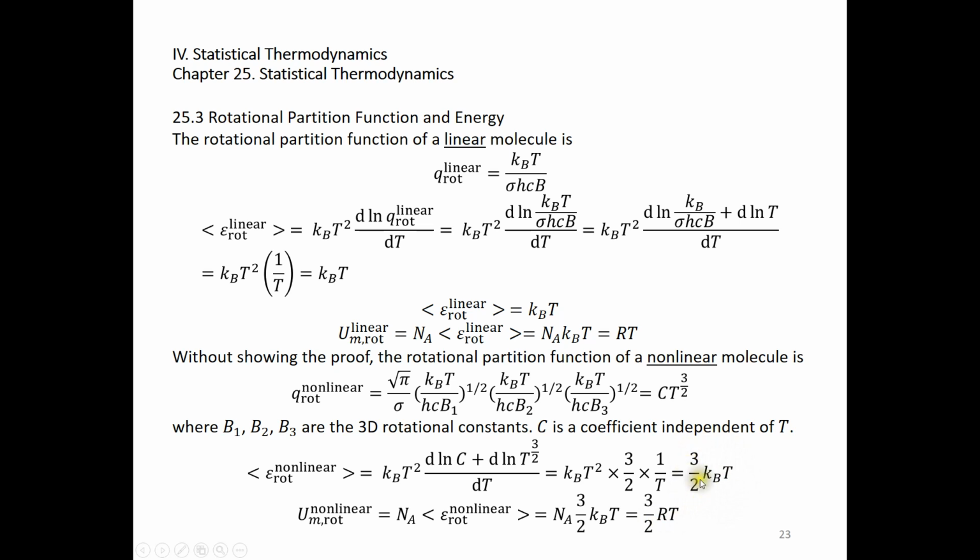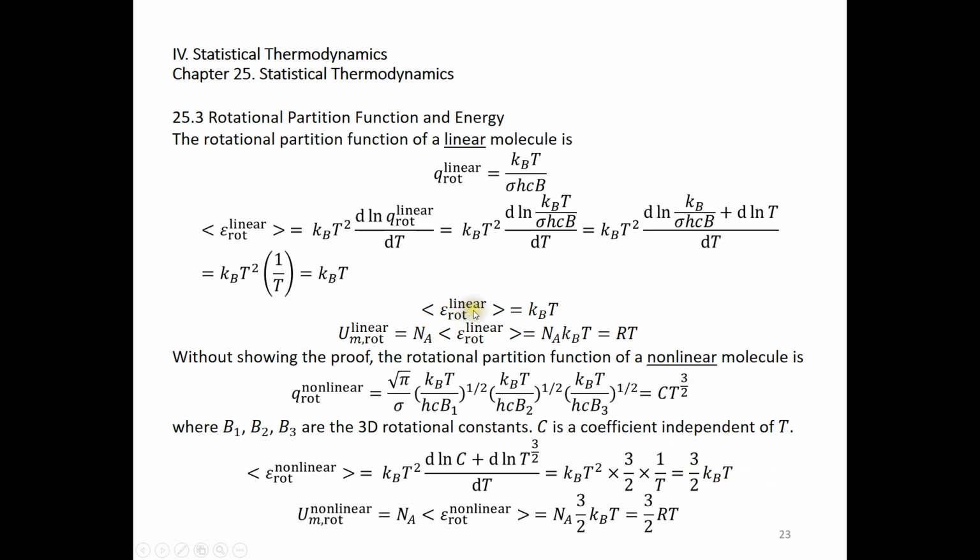Why 1.5? When we are looking at 3-dimensional rotation of nonlinear molecules, the rotation can be done about the x, y, and z axis. So for the rotation about each axis, the average energy is 1/2 kBT. And we have 3 of them, therefore we have 1.5 kBT.